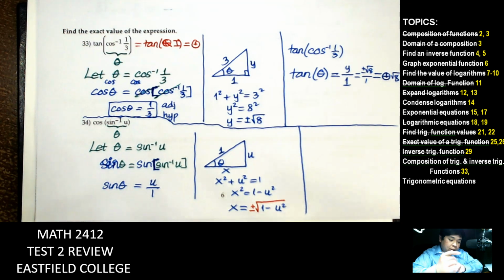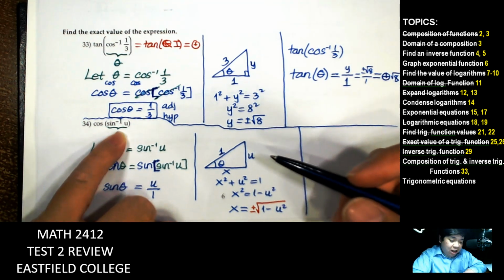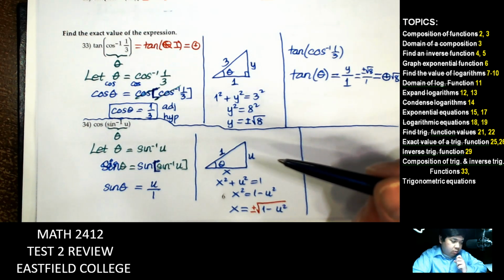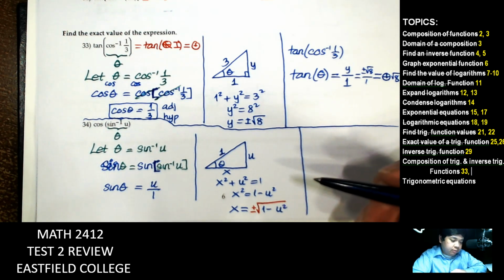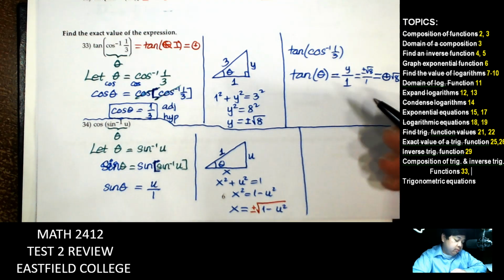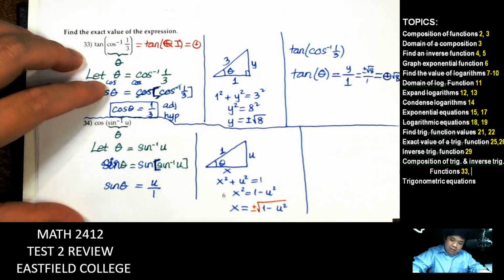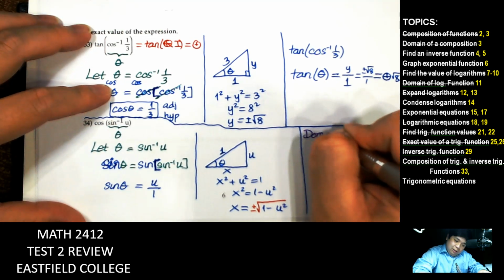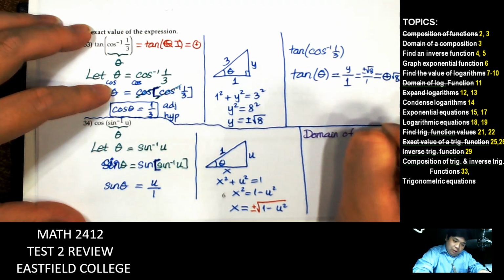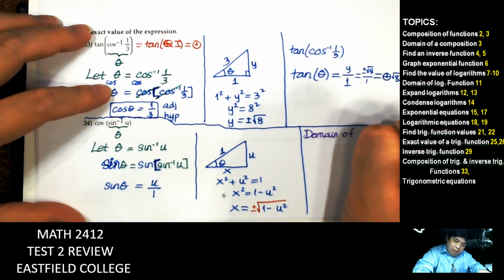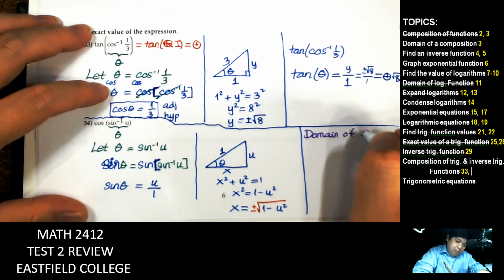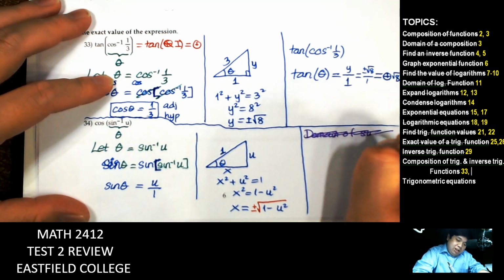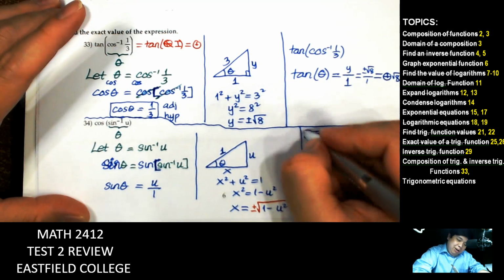This might be a little trouble. First, the sine inverse. The range is only in quadrant 1 or quadrant 4. So again, let me write that down.